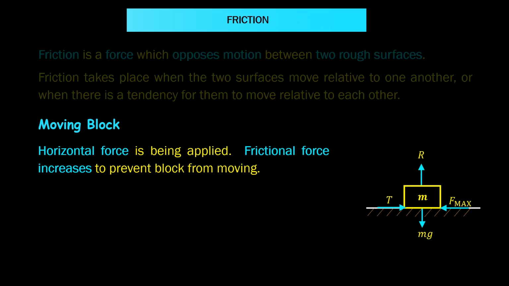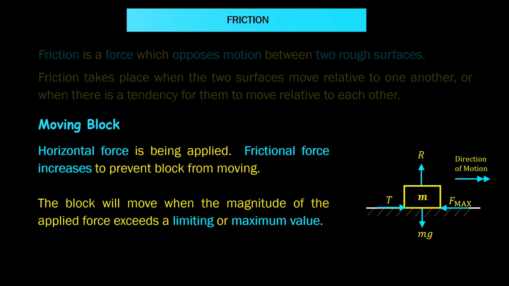This time we have a force being applied horizontally, and the direction of motion is towards the right. So T is being applied, the frictional force is resisting, but it's not enough to prevent the block from moving.